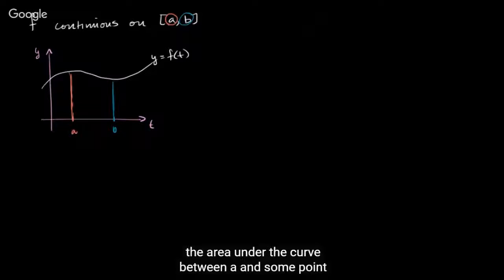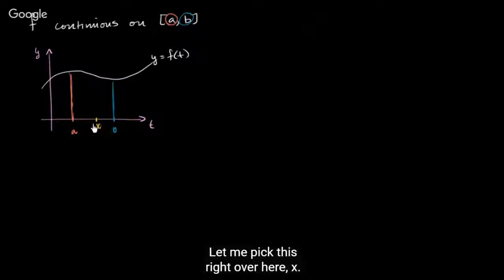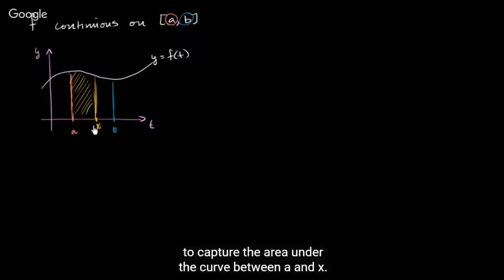Now, let's define some new function. That's the area under the curve between a and some point that's in our interval. Let me pick this right over here, x. So let's define some new function to capture the area under the curve between a and x.